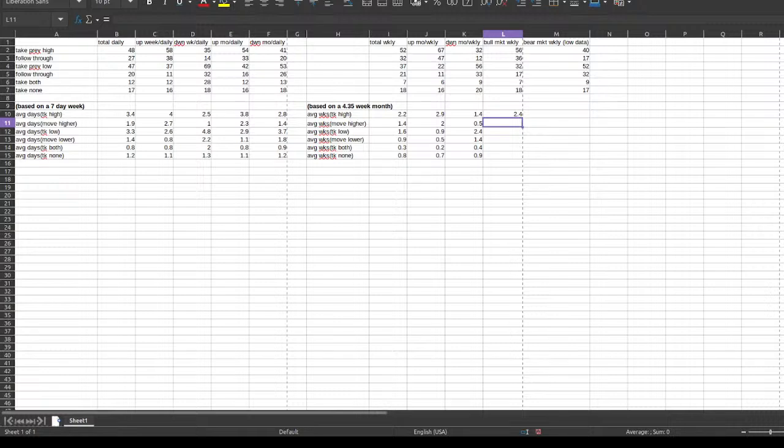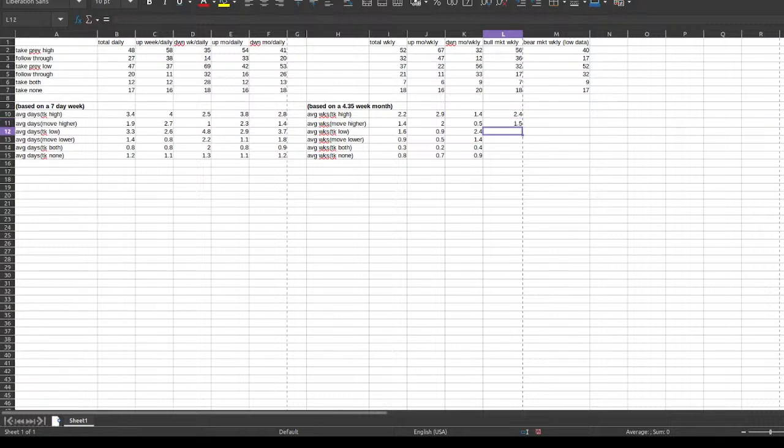So to move higher, by the way, we are going to add that column, the bull market and bear market. This is 2.4 times 0.36 times 4.35, which is 1.5.